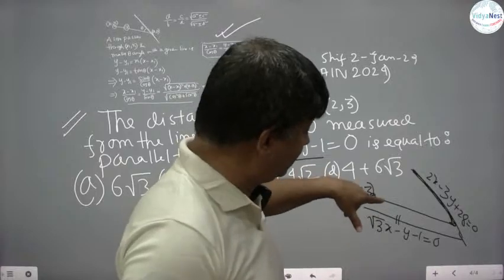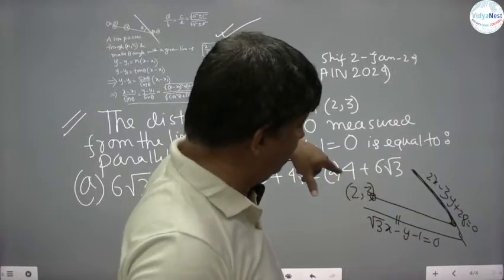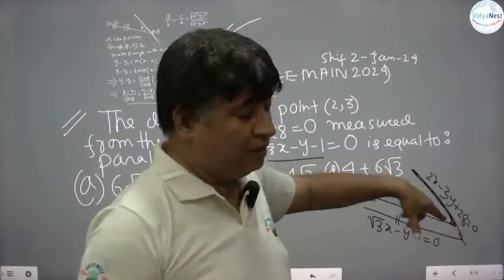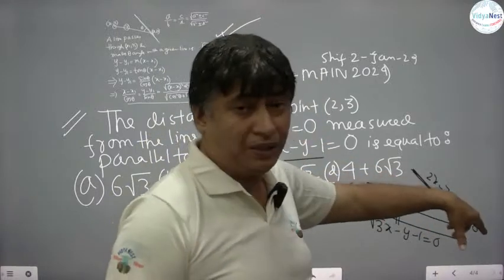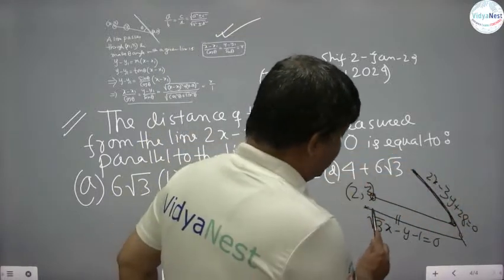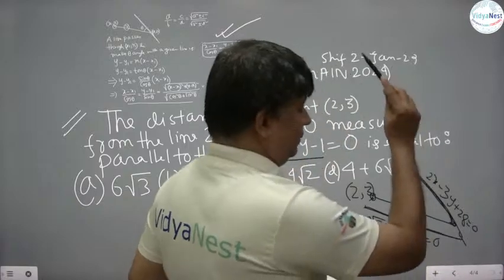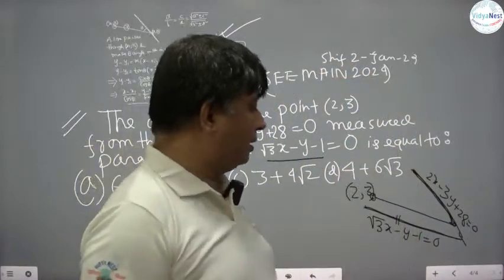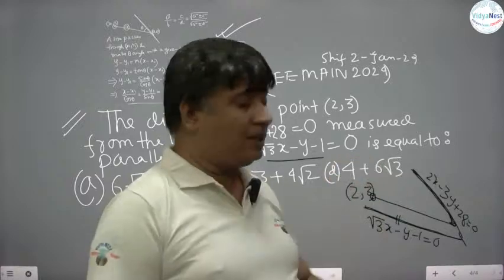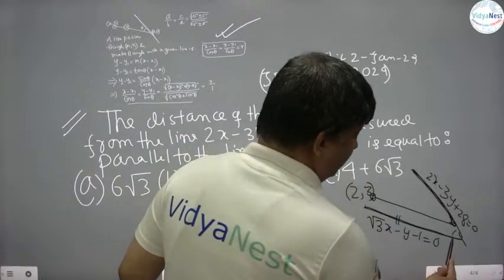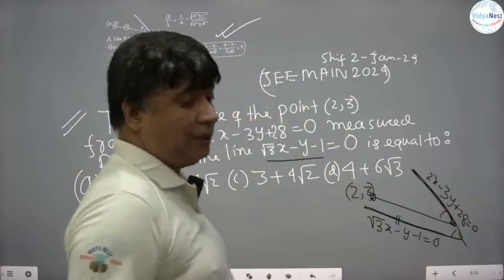So your locus or your movement will be measured with respect to a parallel line to this line. Understand? So the slope of this and this will be the same.